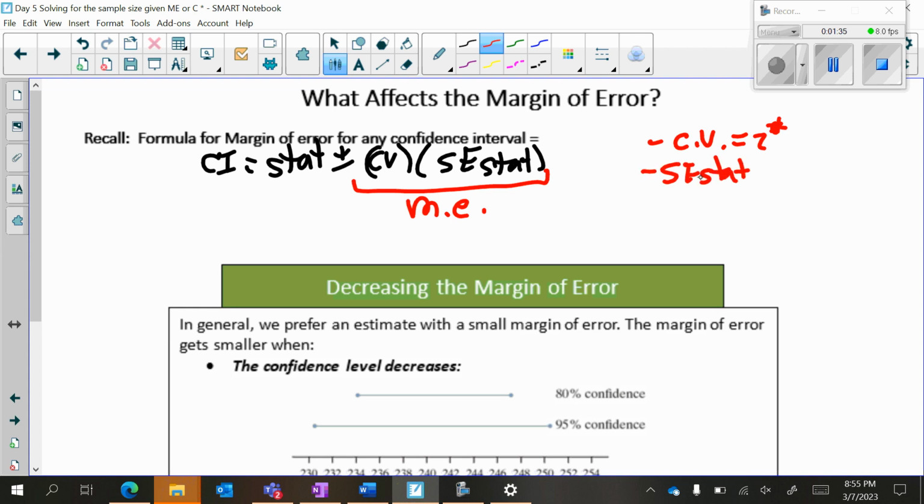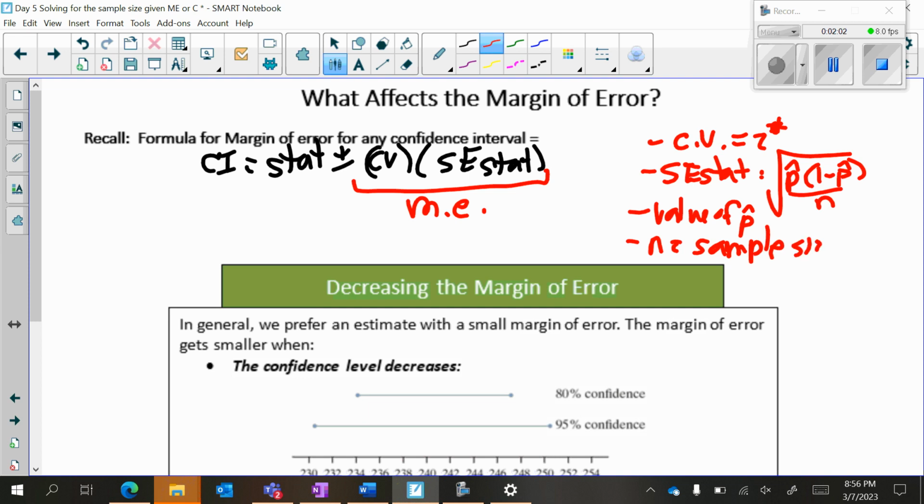In the last few days, we've been doing the standard error of the statistic of p hat. Remember that formula is the square root of p hat times 1 minus p hat over n. So the things that also impact the margin of error are the value of p hat and the size n, the sample size. And you know that sample size plays a role in everything we do.